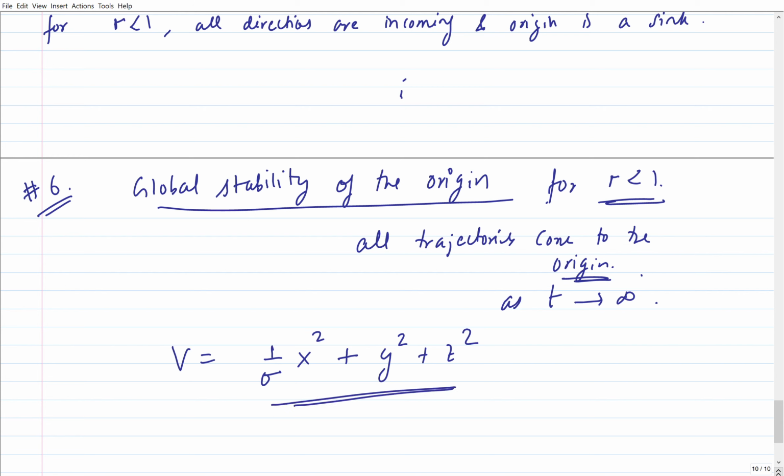So this is an ellipsoid, and in case V dot is less than 0, therefore V, the volume, reduces as one goes forward in time for all trajectories.